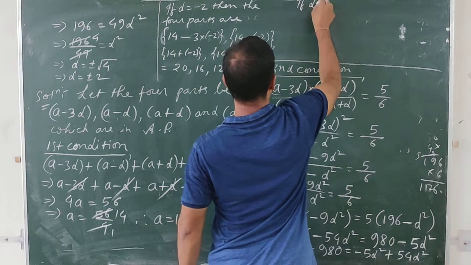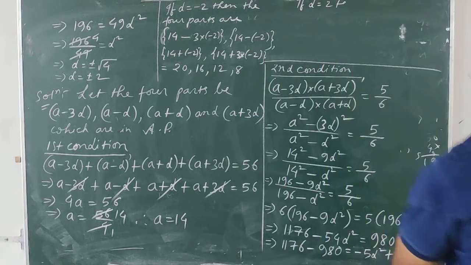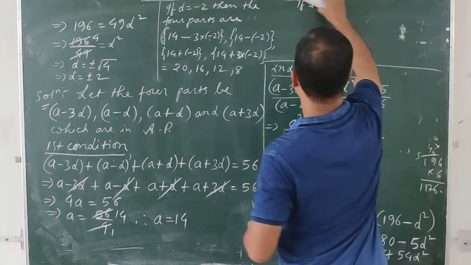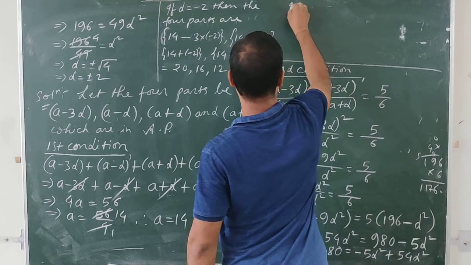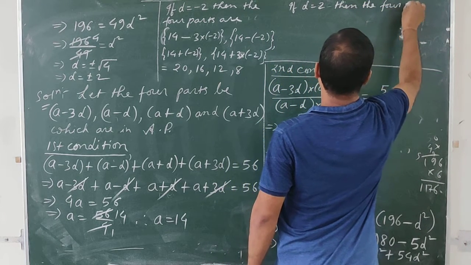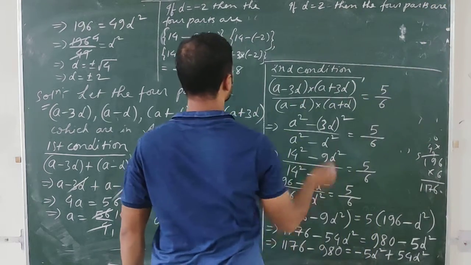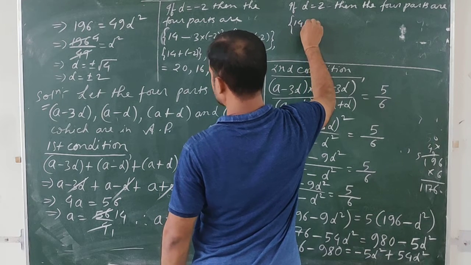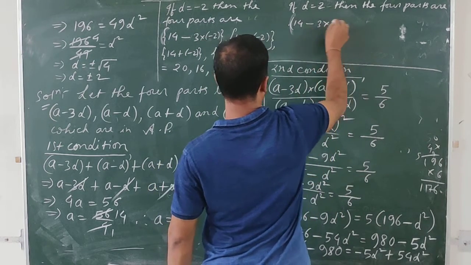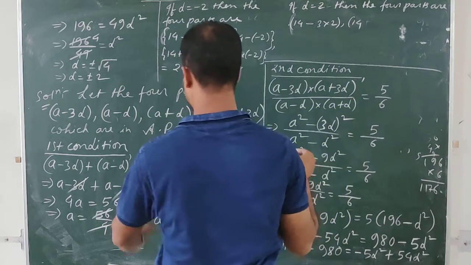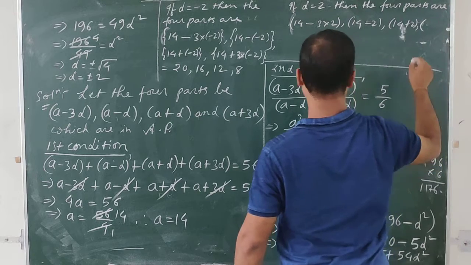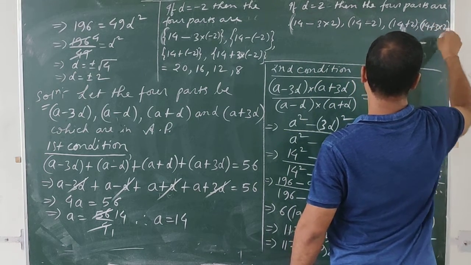So d is equal to plus or minus 2, then the 4 parts are 14 minus 3 into 2, 14 minus 2, 14 plus 2, and 14 plus 3 into 2.